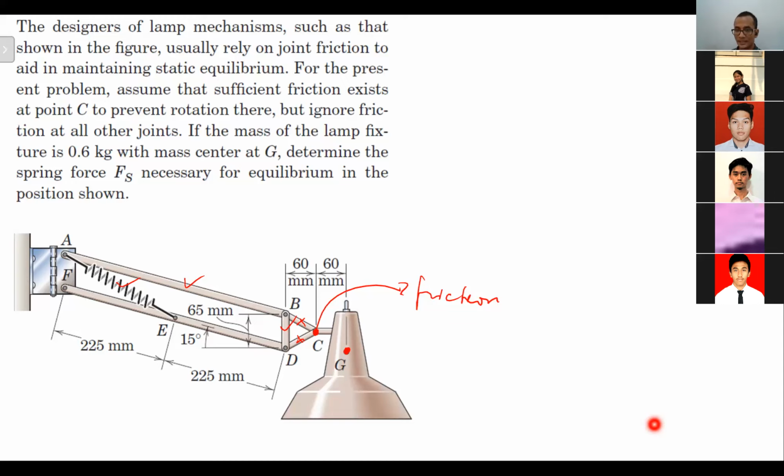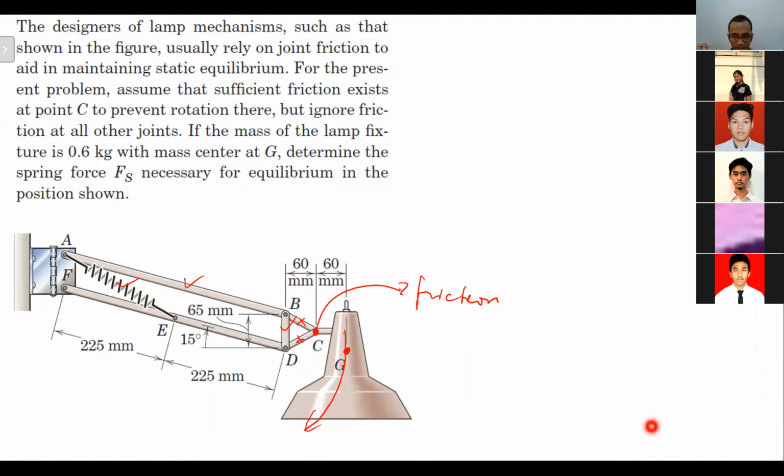But the problem in that particular case is that the lamp will fall. So the purpose of making C a joint with friction is to hold the lamp. Do you get it, Rizky? Yes, I get it, sir. Now I will continue. Okay, thank you, Faiz.